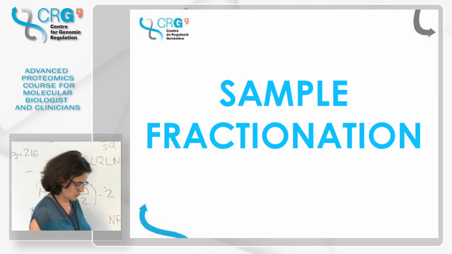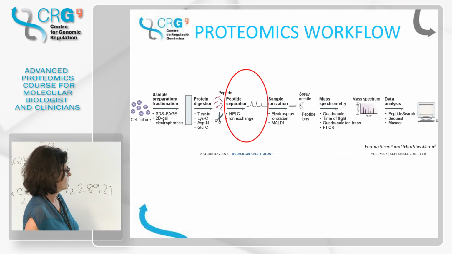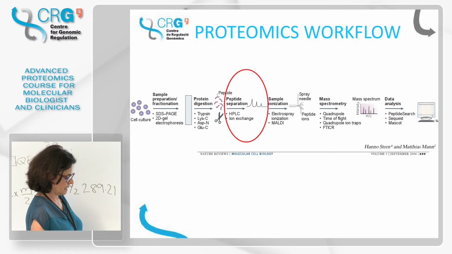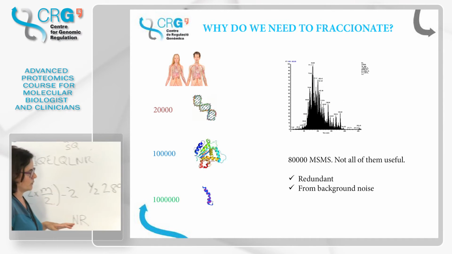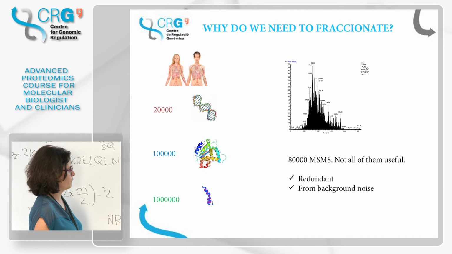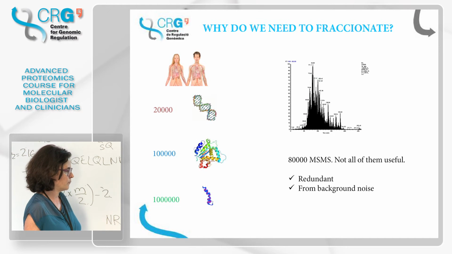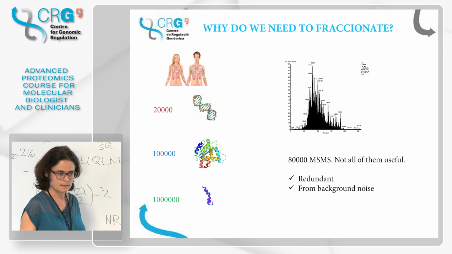Okay, so let's move to sample fractionation. We are a bit more advanced in the workflow. We have explained this part, and now we are in here, still before the sample goes into the mass spectrometer. So why do we need to fractionate? In the human being, we have 20,000 genes that can form 100,000 proteins that can generate millions of peptides.